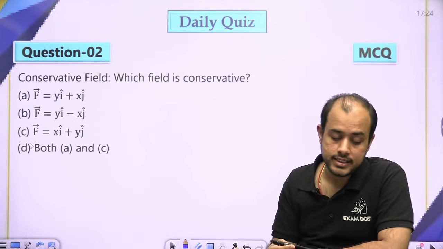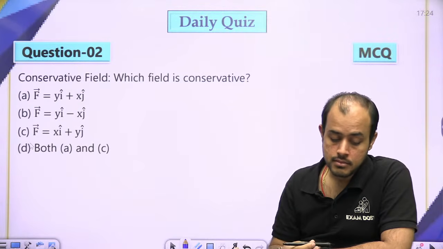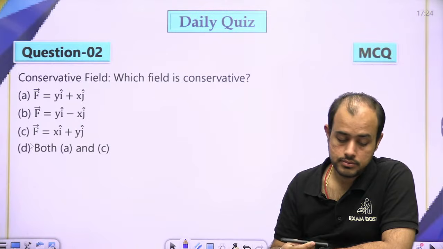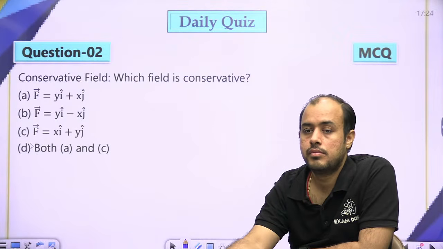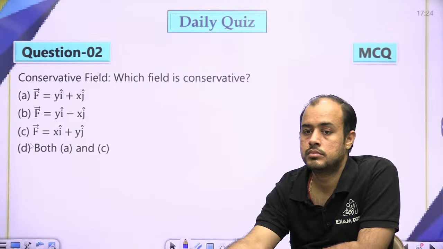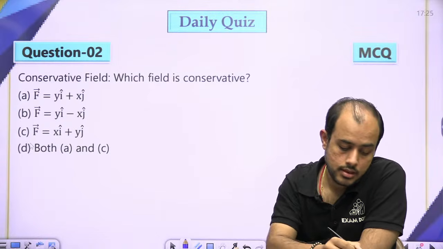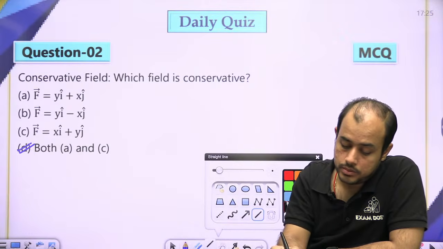Which of these field is conservative? Answer is D. Okay. Basically, the curl must be 0.